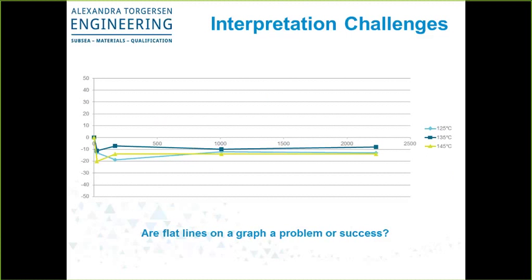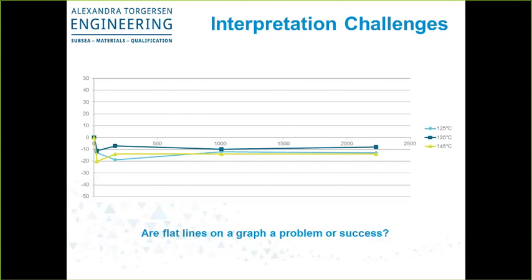So another problem or issue, I don't want to call it a problem, but it's a challenge for us, especially with the high-end thermoplastics like the PAEK family of polymers. You typically don't see very much degradation at all.